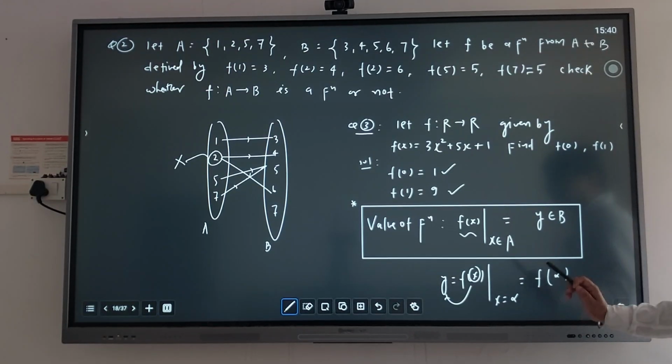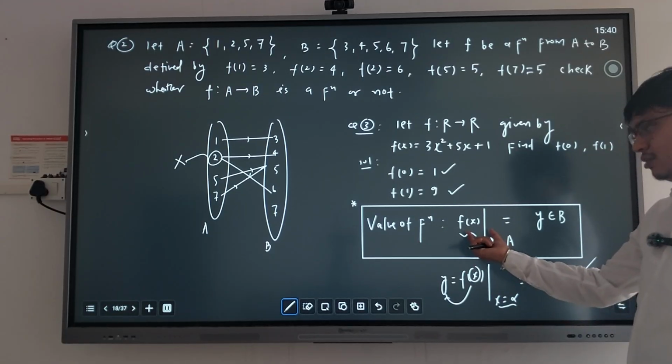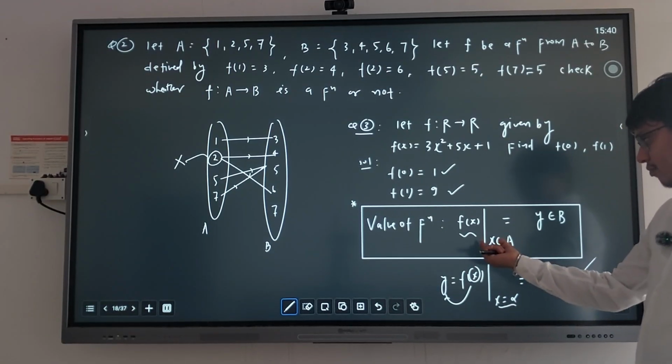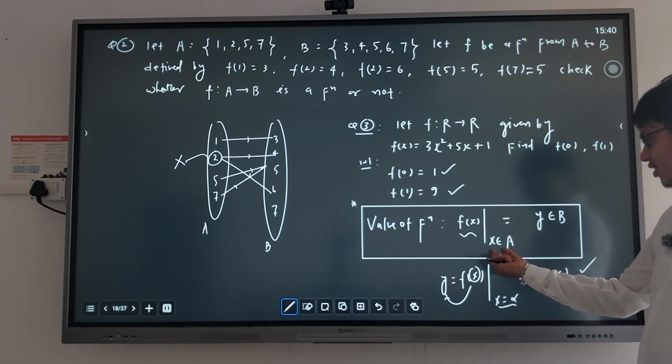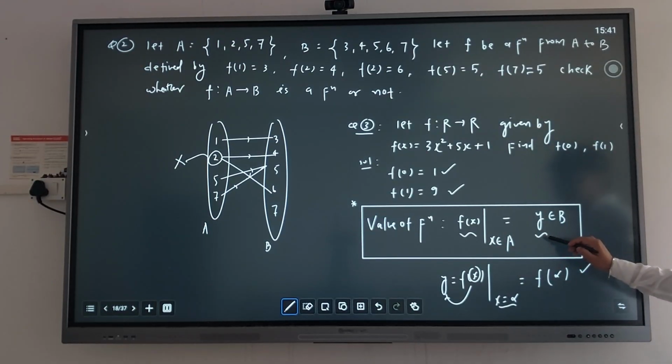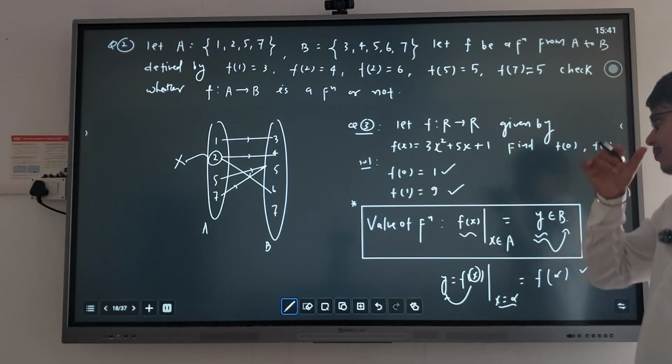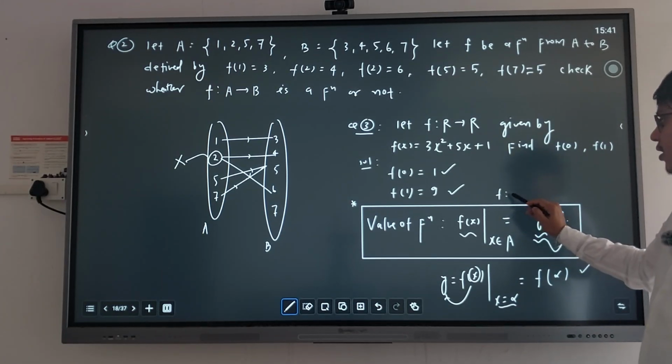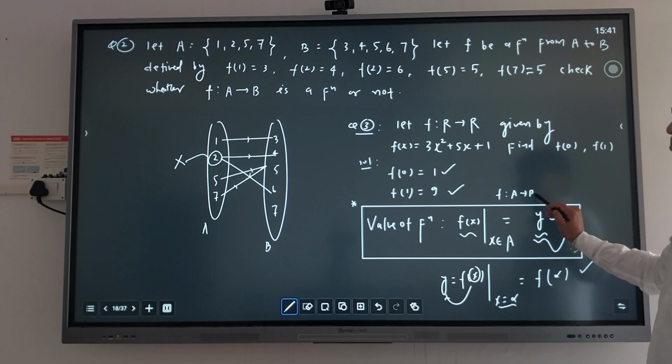So we just put the value of x in the given expression in place of x, and we get the value of the function. This is the value of f(x) at any value of x, that is the input which belongs to the set A, and we get the value of y, which always belongs to the set B if the function is defined from A to B. So this is just a simple thing.